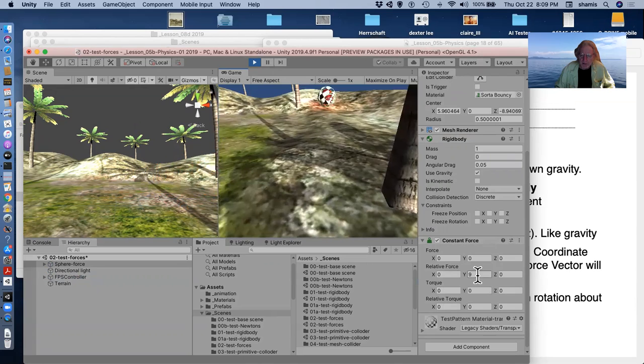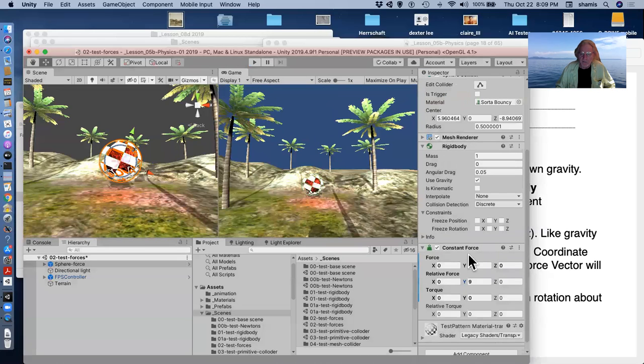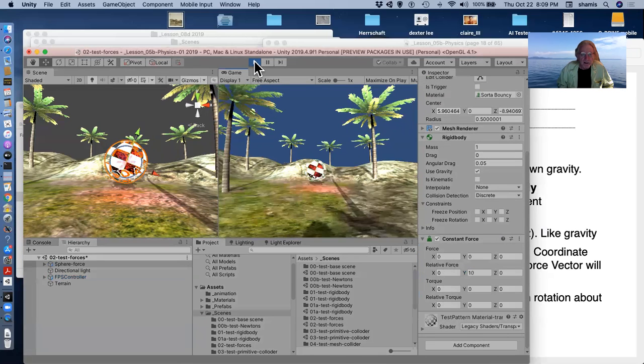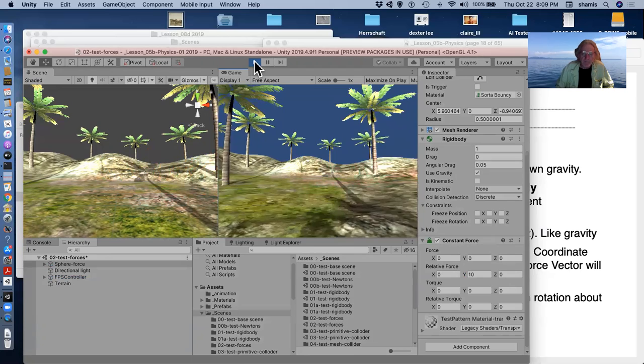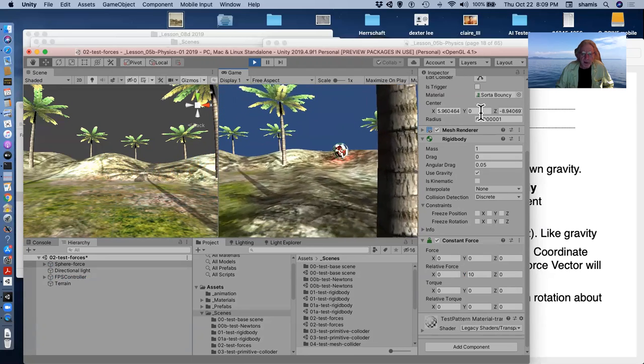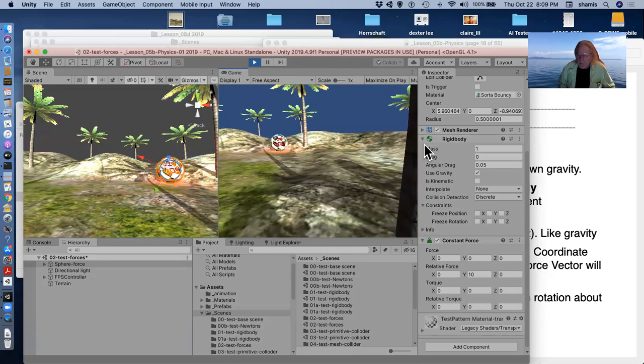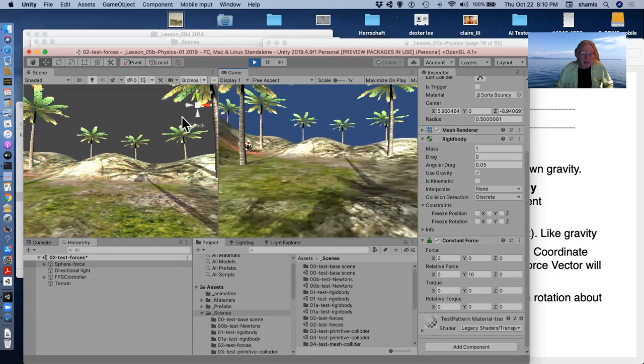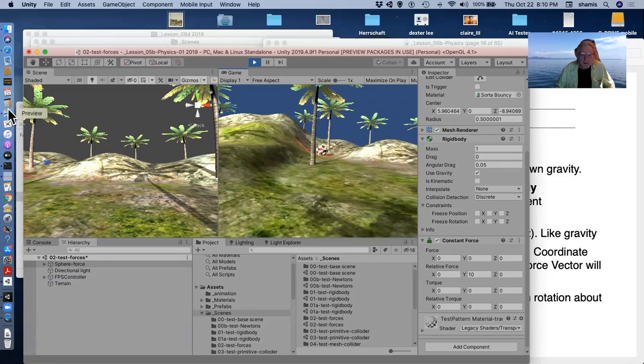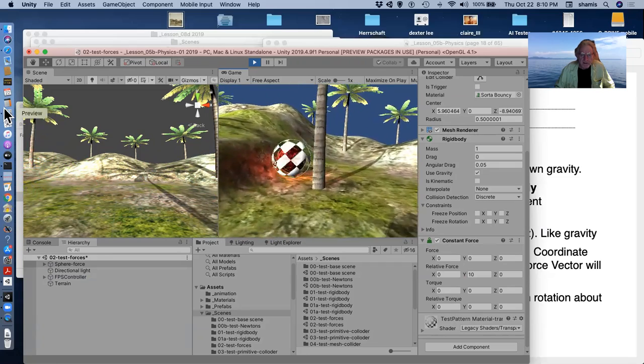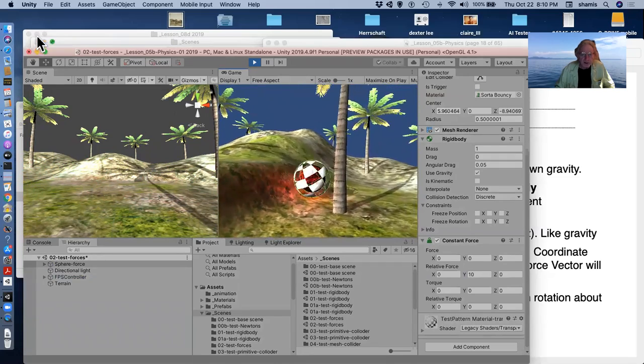Let me make this 10 and see what happens here. No, it's not taking off. Let me make this 10. So applying a force on a local axis is going to make this thing kind of behave erratically as it is forced in constantly different directions all the time.